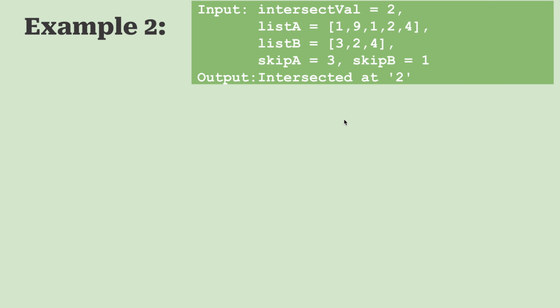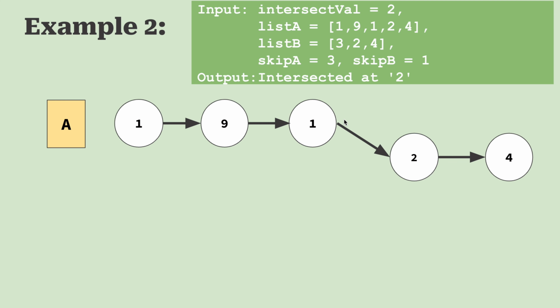Now understand this example. We have been given intersectVal, list A, list B, and then skipA and skipB, and then we will reach the intersection at 2. How? If you represent the list A that we have been given, it is 1 9 1 2 4.